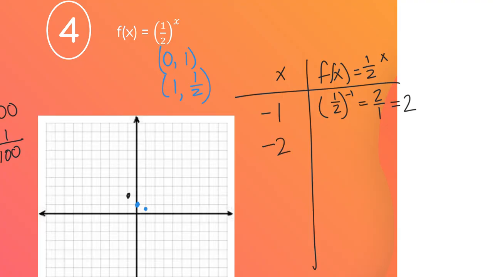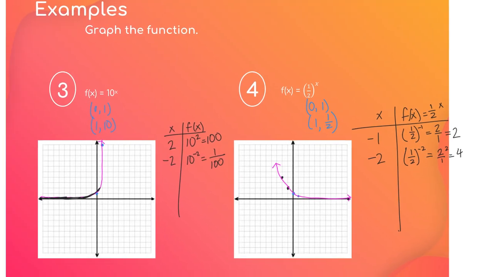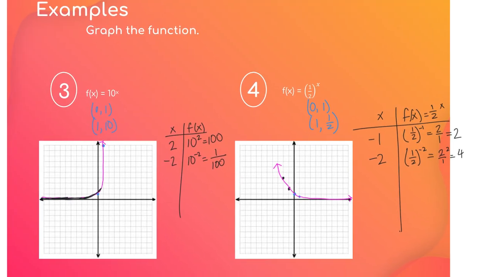And then at -2, 1/2 to the power of -2, I'm going to end up with 2/1 to the power of 2. And I'm going to get 4 as a whole. So this is what my graph is going to look like, something like this. Again, never crossing that x-axis. So I have on this slide a growth and a decay.